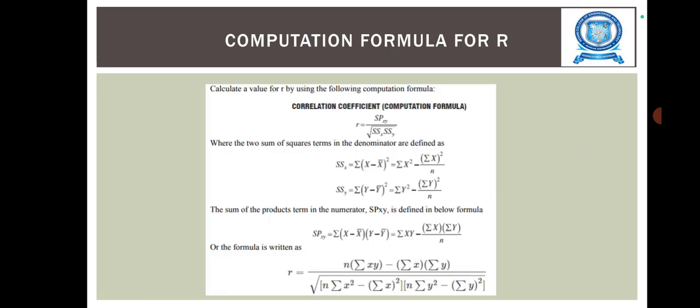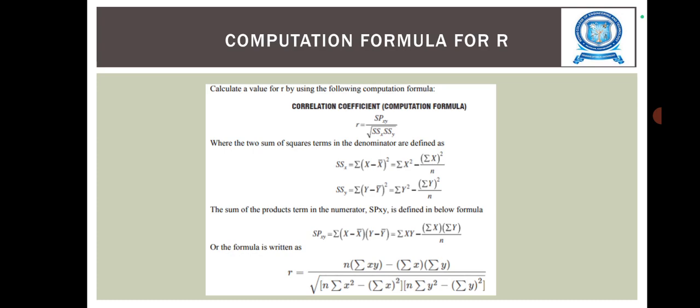Next one is the computation formula for r. This is the set of formulas to calculate a value for r using the following computation formula. That means correlation coefficient r equals SPxy divided by the root of SSx SSy. Likewise, we have the formulas for the sum of squares terms in the denominator and the sum of the product term in the numerator.